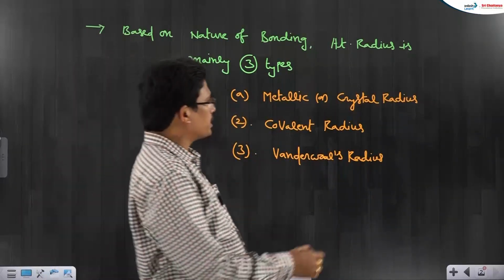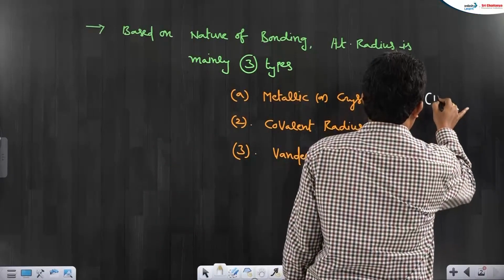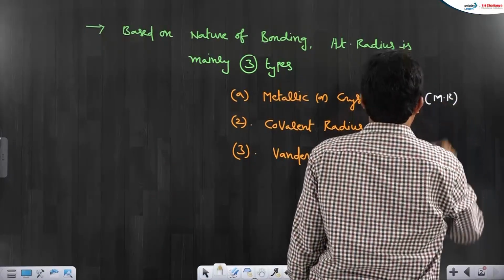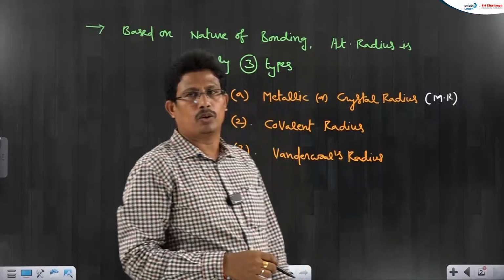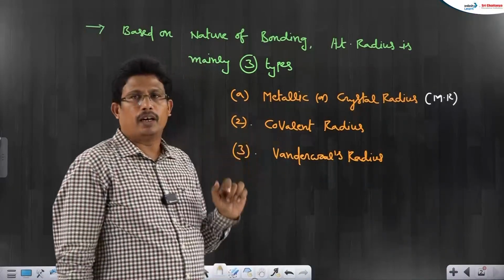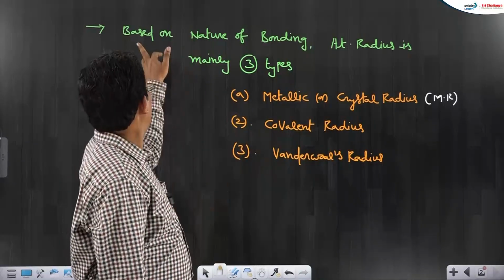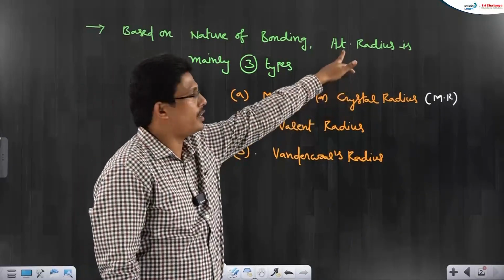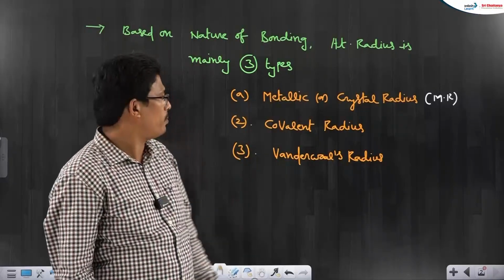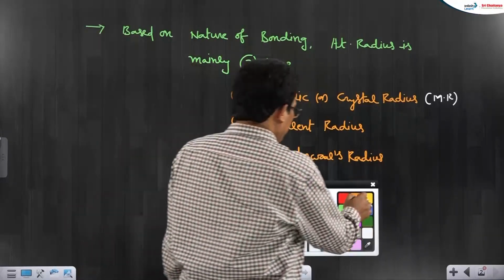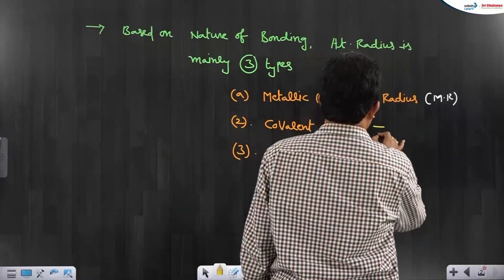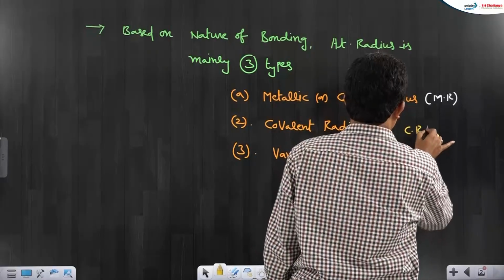Metallic radius or crystal radius is applicable for metal atoms only. In case of metal atoms, metallic radius is considered as atomic radius. Covalent radius is applicable for non-metals.